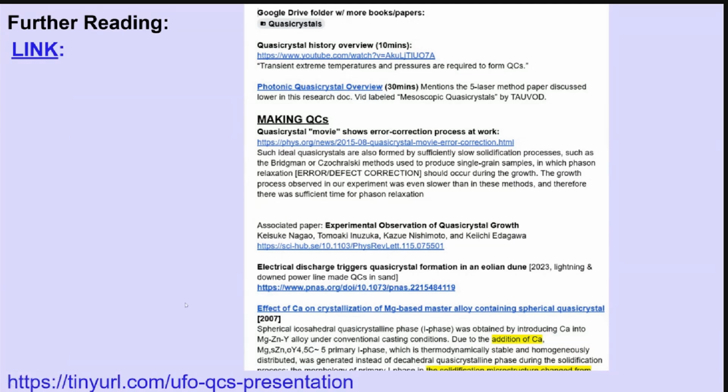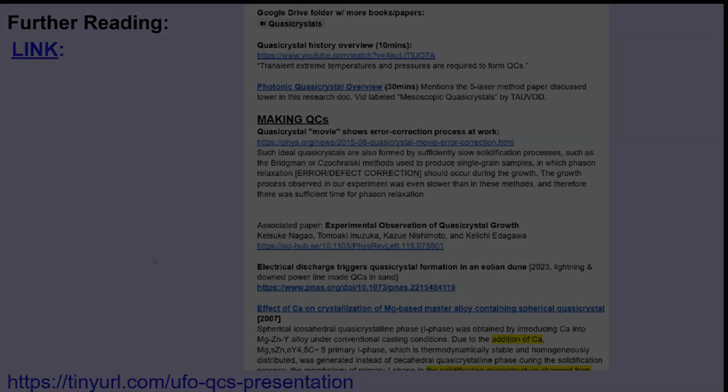You can see UFO-QCS-presentation. I just forwarded you earlier today an email from Clee Irwin, who was talking about quasicrystals being a three-dimensional representation of higher dimensional matrices. So, yes, him and David Chester worked with Clee for a while there, and their work really inspired me in a lot of different ways.